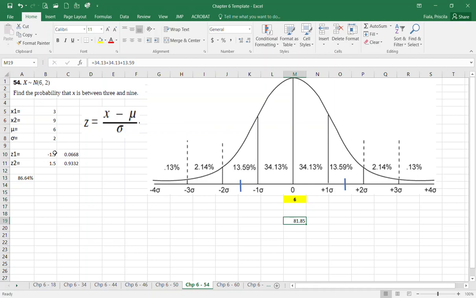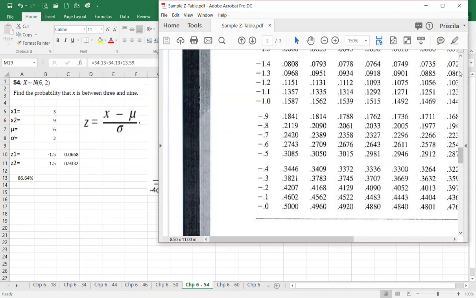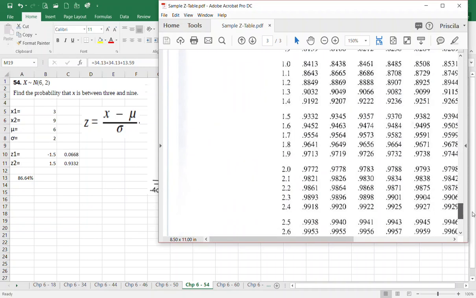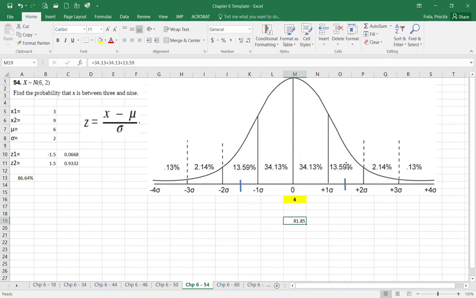Again, I found the percentage or the equivalence of the negative side, which was about 7%, and then I found the positive side, which was about 93%. And then you just wanted this interval right here. So you're subtracting the 7% from the 93% to get 86.64.